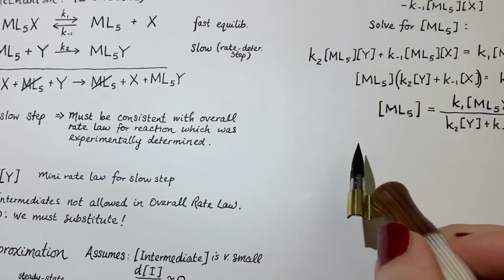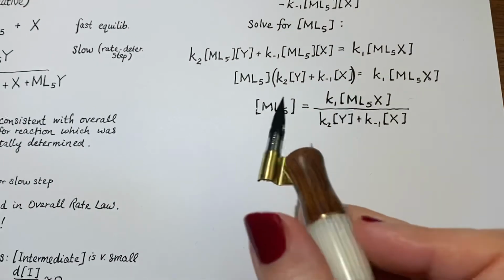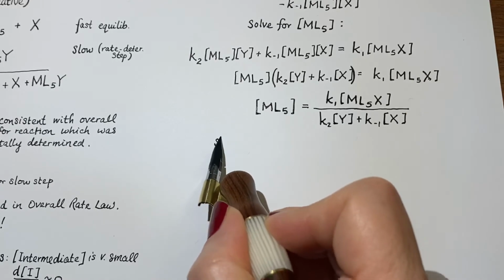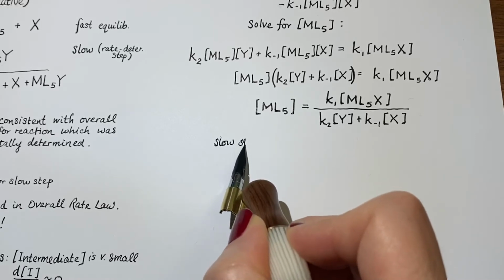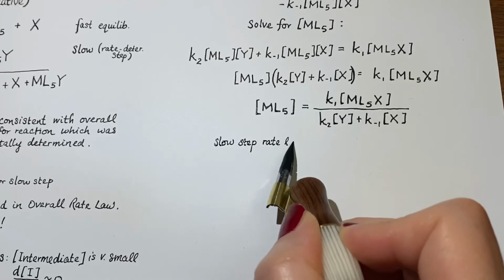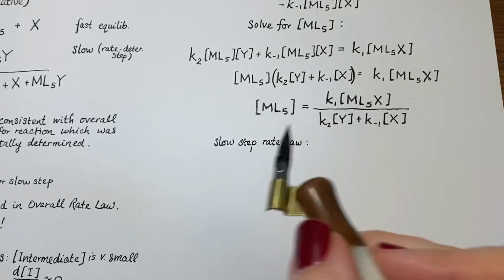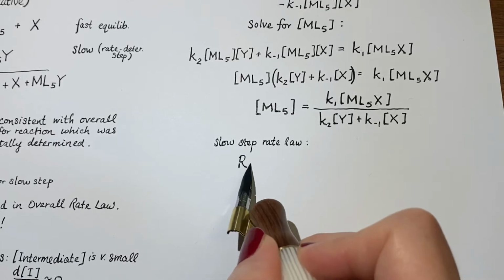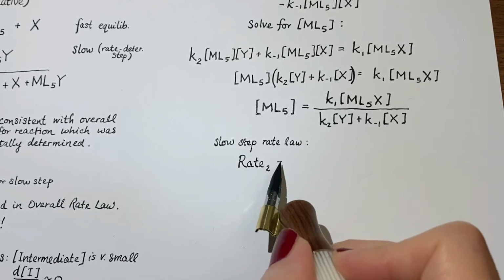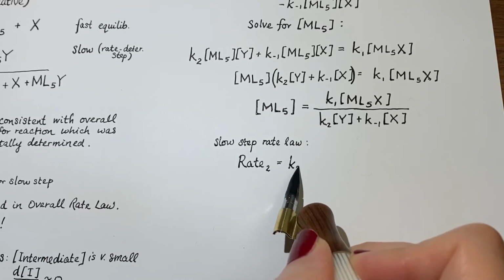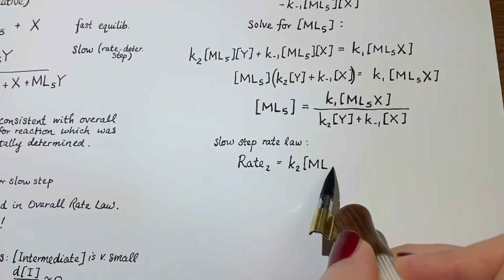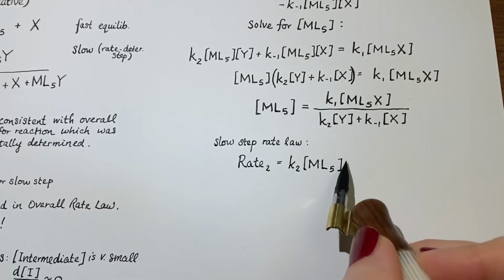This is where substitution will occur. So our slow step rate law was the second step for our proposed mechanism: rate 2 equals k2, here's our ML5, times Y.